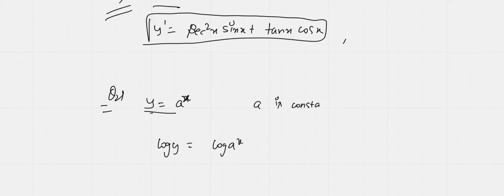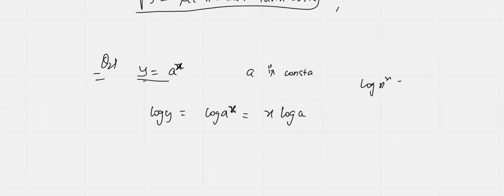Log of something, let's say x to the power n, can be written as n log x. This is just a property of log. So I can write this as x log of a. Now I have log of y is equal to x times log of a. So now I think I can do the differentiation.